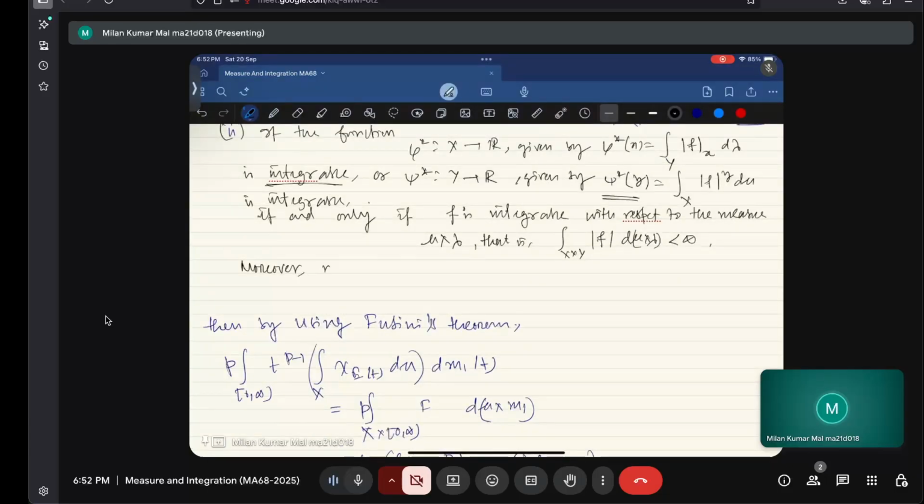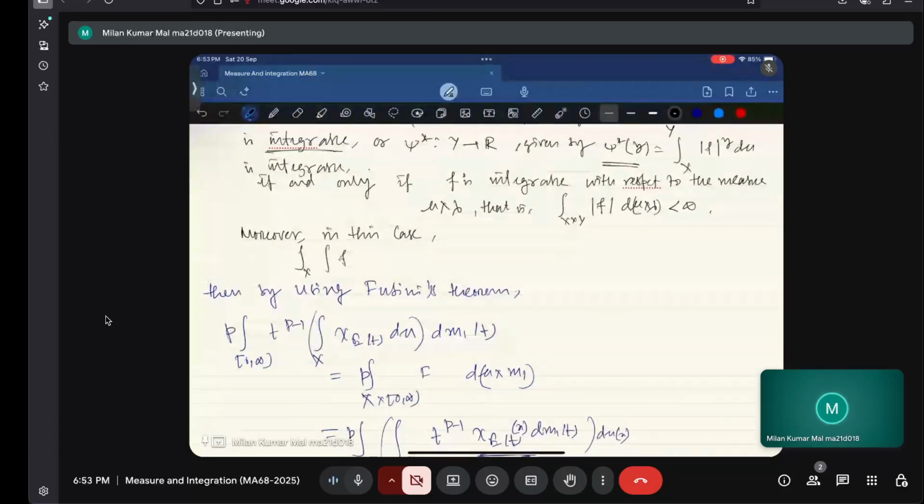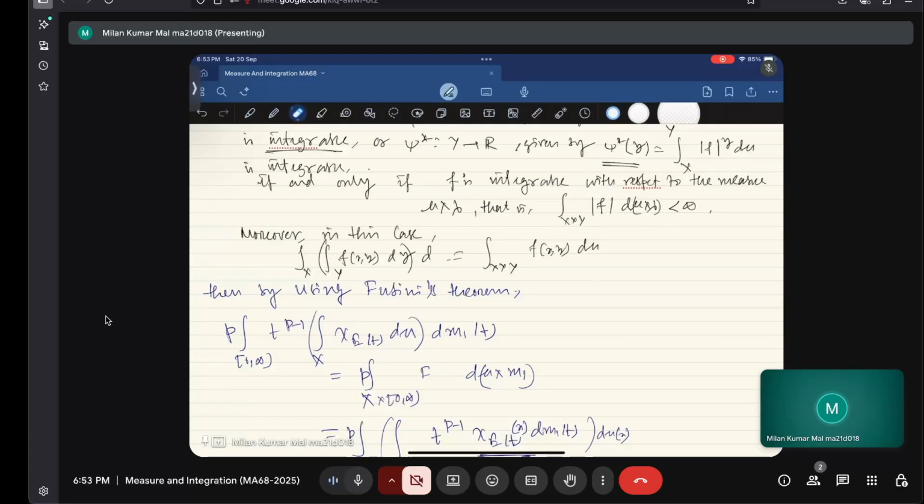Moreover, in this case this interchange can happen: the integration over x of the integration of f(x,y) dy dx is equal to the integration over x cross y of f(x,y) d mu cross lambda at the point (x,y).